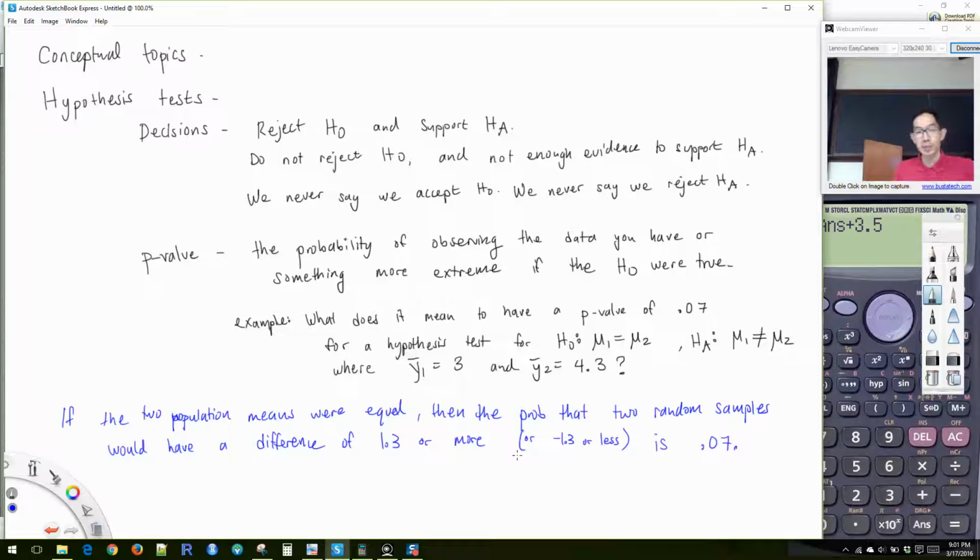Okay, so this was just one example for a t-test, but it's a good idea to go through and ask what it means to get a p-value of this size for, say, a one-way ANOVA or for some other type of test. Think about what exactly a p-value means here.